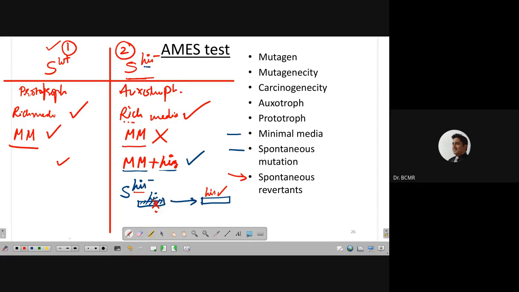Originally, it was the wild type, his plus. Because a mutation occurred in this place, it became his minus. And there is again a mutation in the same place, because of which it became his plus. This is called spontaneous reversion. Any strain that becomes like that.